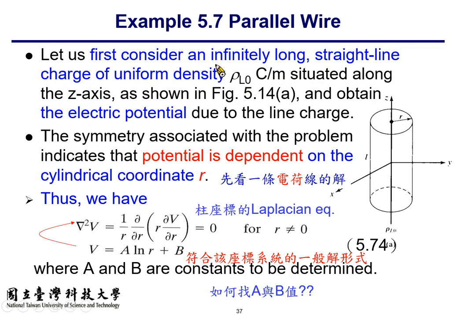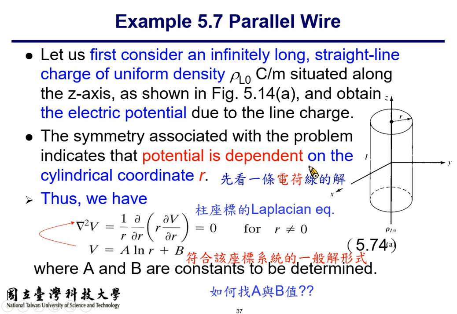Now, let's first consider just one infinitely long straight line charge of uniform density, which is rho sub L0. It's located along the z-axis to simplify the geometry. This symmetrical geometry indicates the potential is dependent only on the cylindrical coordinate r.